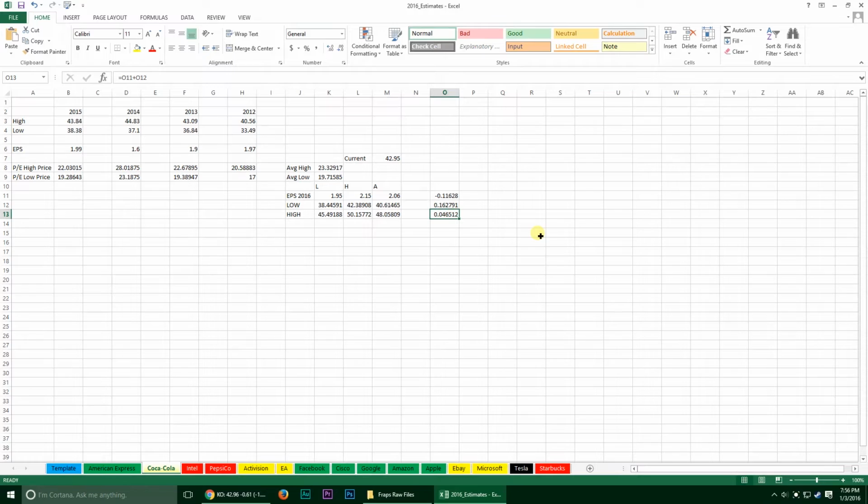So if Coca-Cola stock pans out the way that this picture right here is showing, you would expect about an 8% gain for 2016. This is assuming that all the information on the screen right now pans out the way it does.